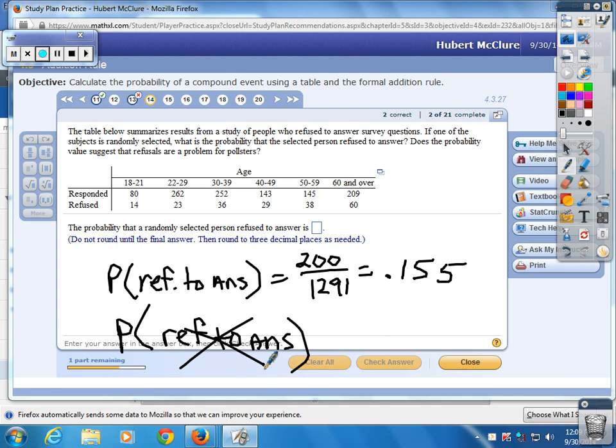Not refuse to answer, or respond. That's equal to 1,091 over 1,291, which is equal to 0.845. Y'all check my subtraction there. And please do not go through and add all these up, because you don't have to. You just take the complement here, which gives you the complement here.